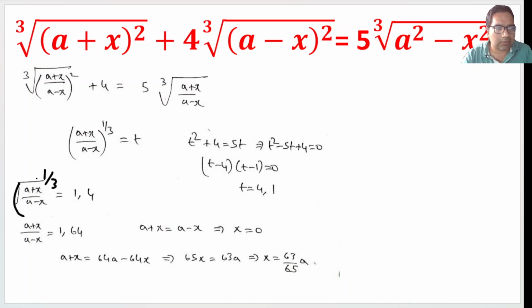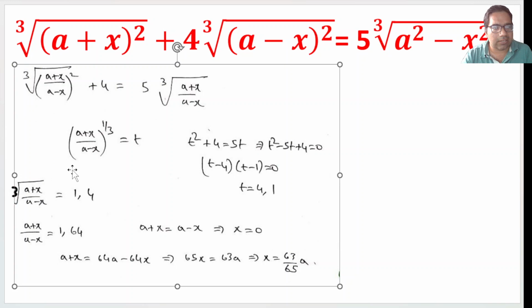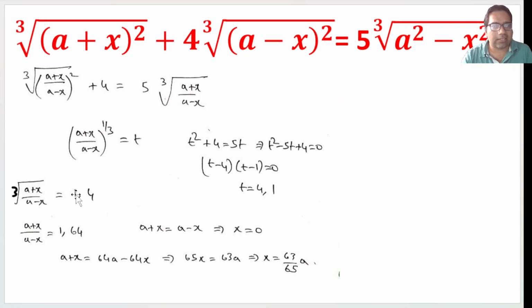So this is (a plus x by a minus x) whole power 1 by 3, and this equals either 1 or 4. What does that mean? a plus x by a minus x will be either 1 cube or 4 cube, which is either 1 or 64.